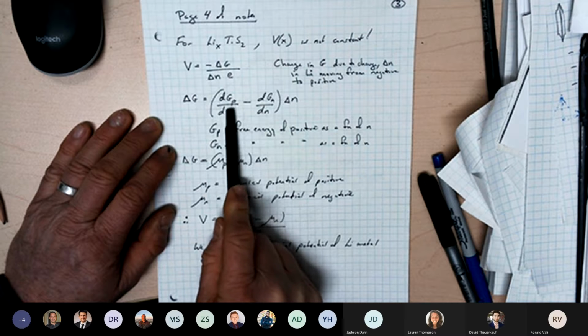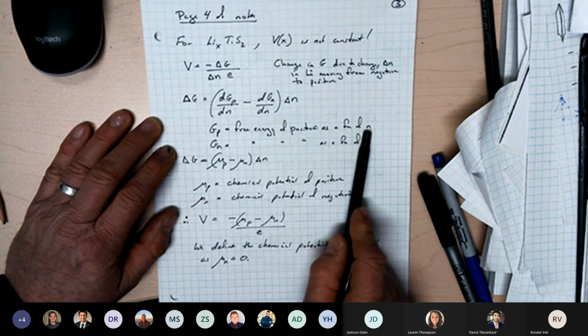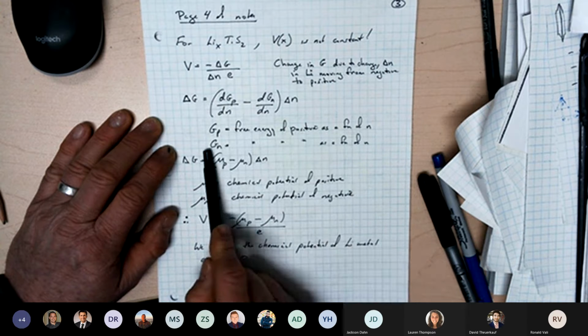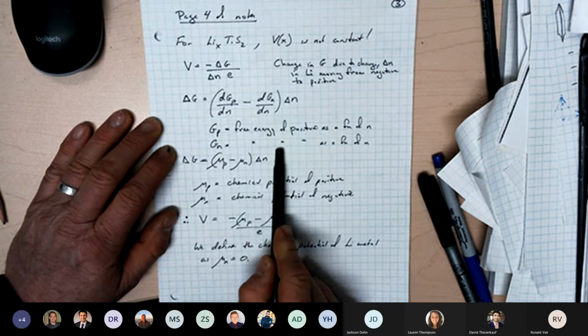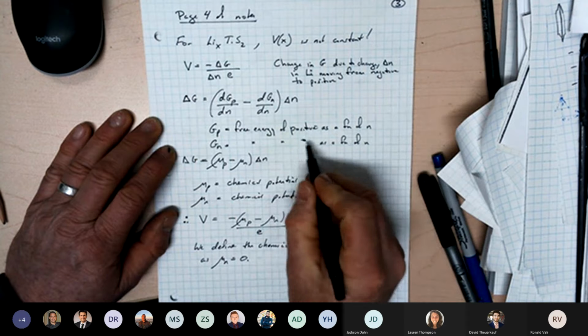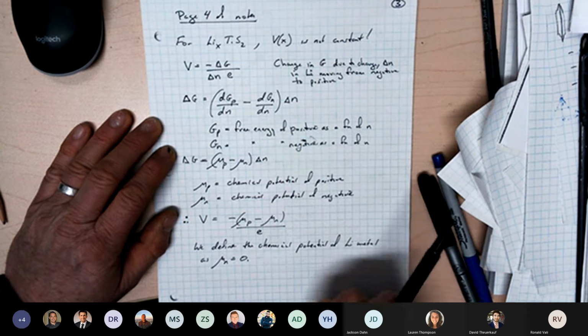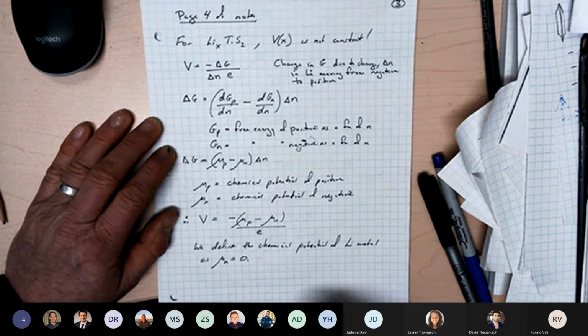So this function G sub P is the free energy of the positive as a function of the number of lithium atoms in it. And G sub N is the free energy of the negative, as a function of the amount of lithium in it.